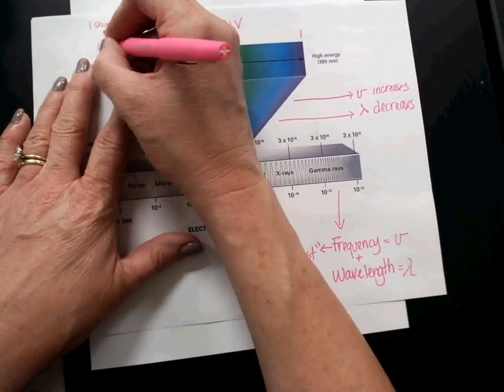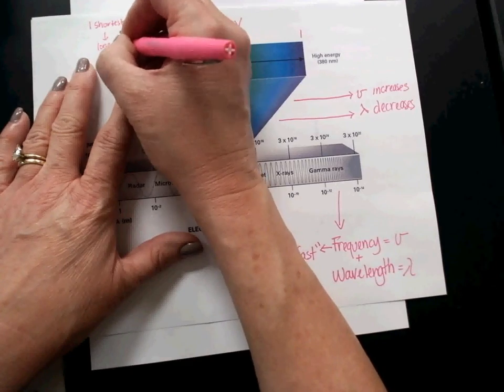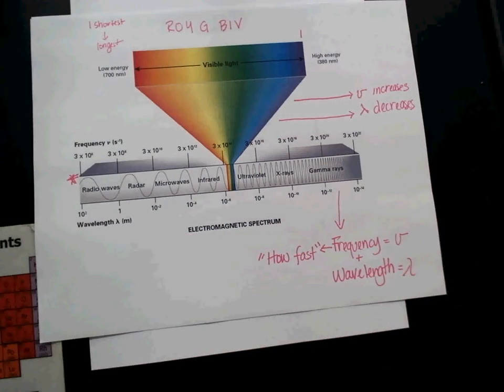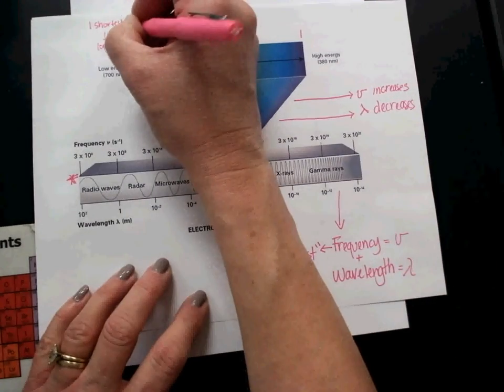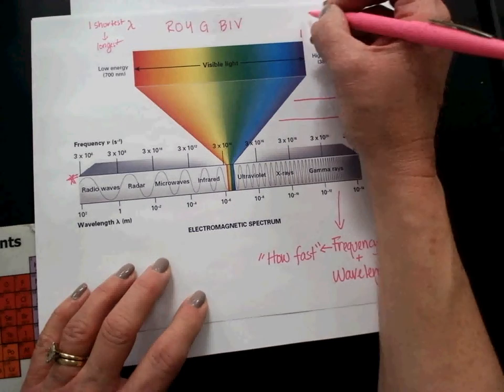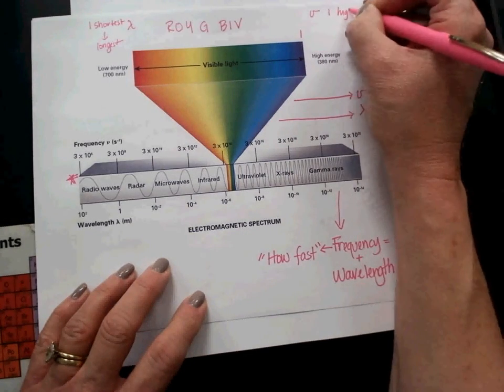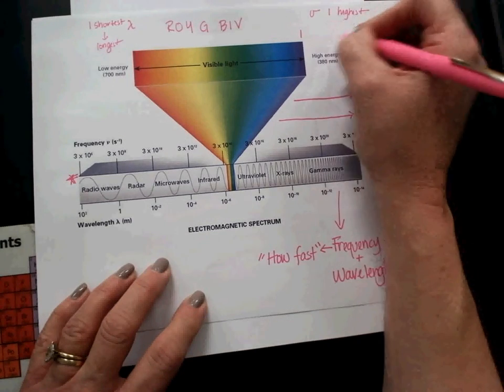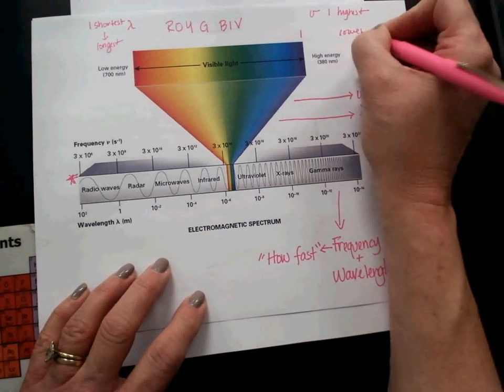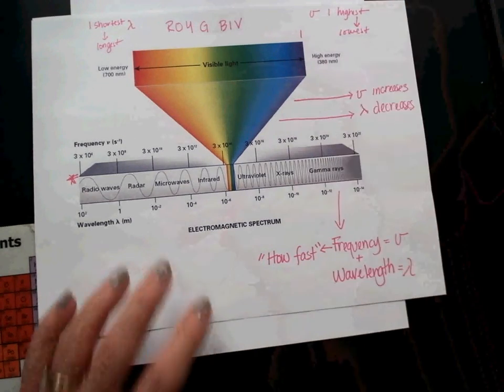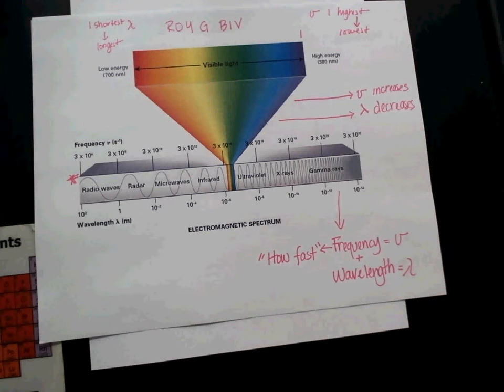So go shortest to longest when you rank them in terms of wavelength. And then for frequency, let's make number 1 the highest and number whatever the lowest, number 11. Okay? Does that make sense? Yeah? Okay, let's do that first.